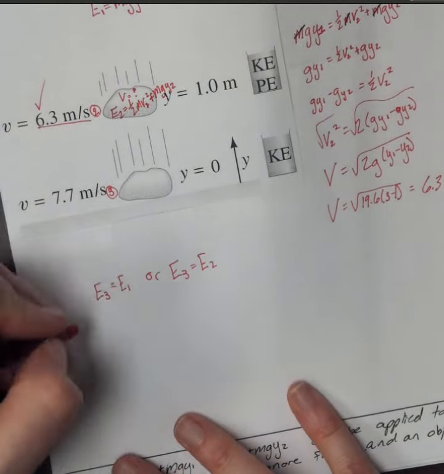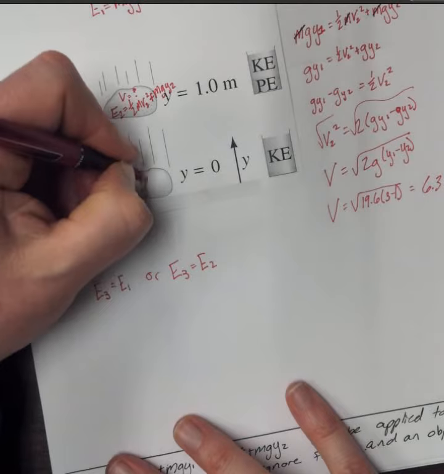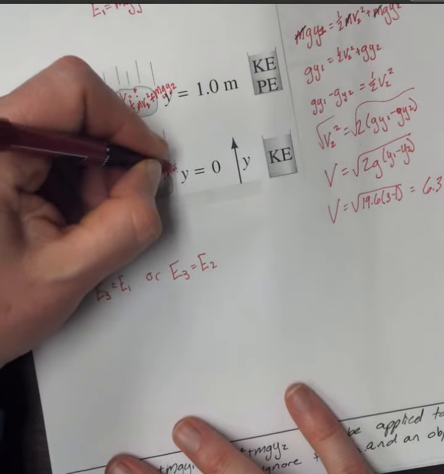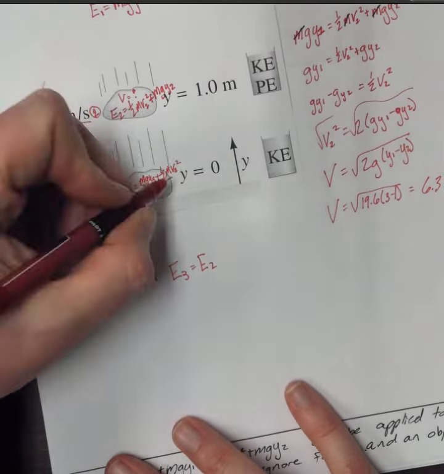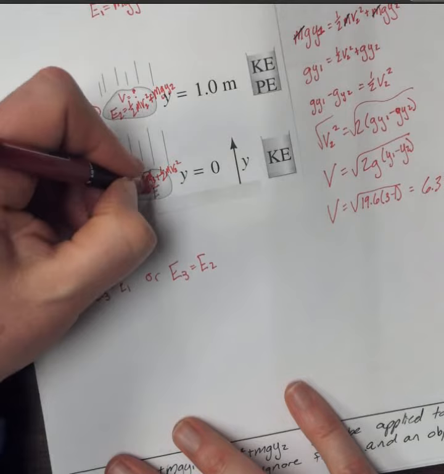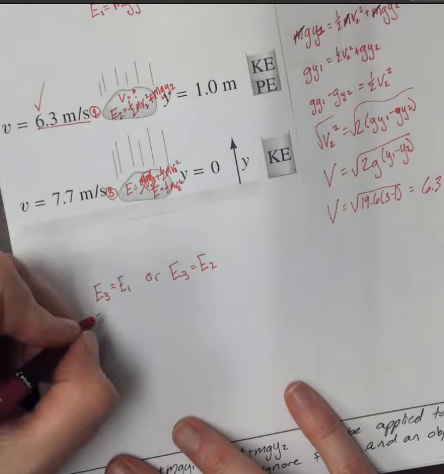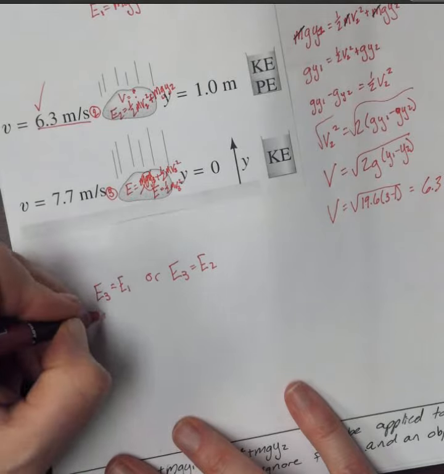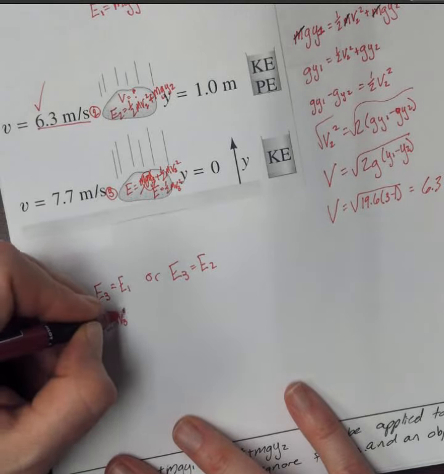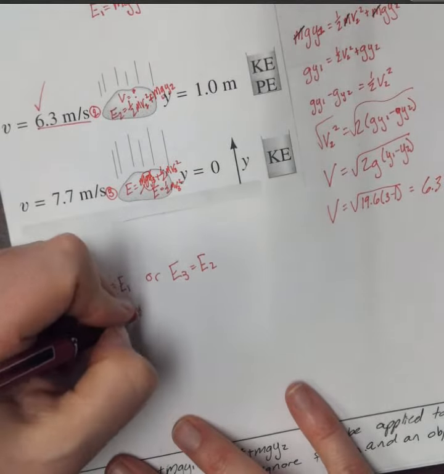Well, E3 here is going to be equal to mgy3 plus 1/2 mv3 squared. y3 is 0, so that means that the energy at point 3 is going to be 1/2 mv3 squared. So I could set 1/2 mv3 squared equal to E1, which I decided was mgy1.